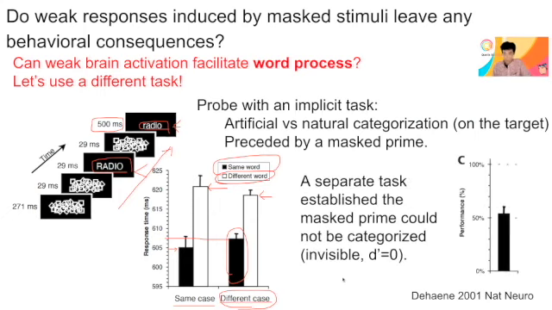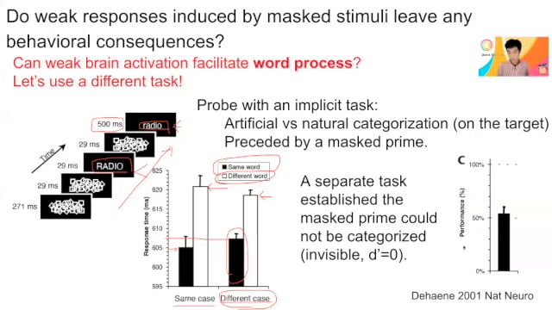And a further important thing they checked was in a separate task. Now they got rid of this last target part, and after showing only the prime, they asked whether the prime word was one way or the other, like natural or artificial, or whether it was radio or something else.